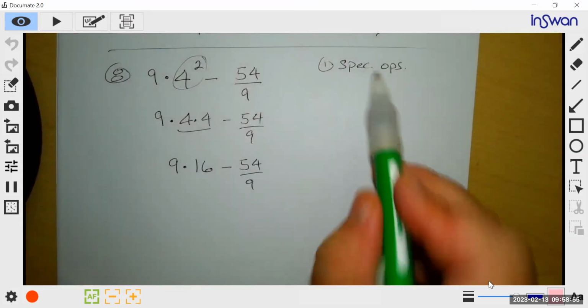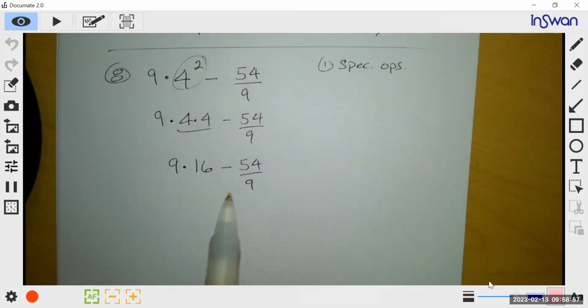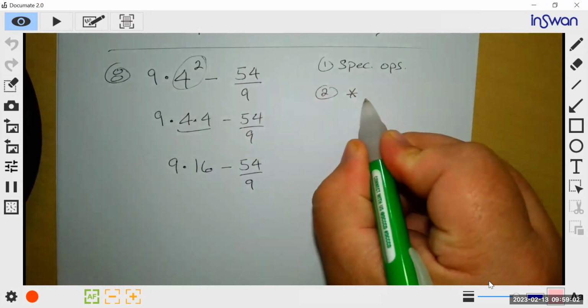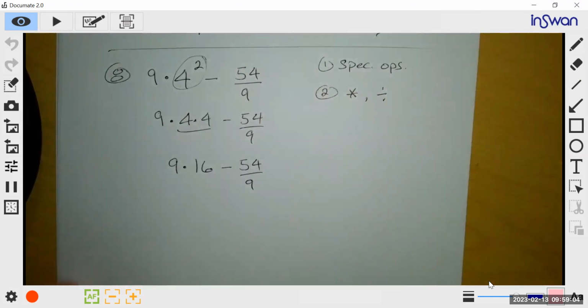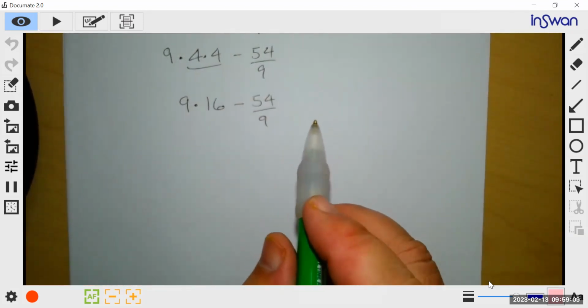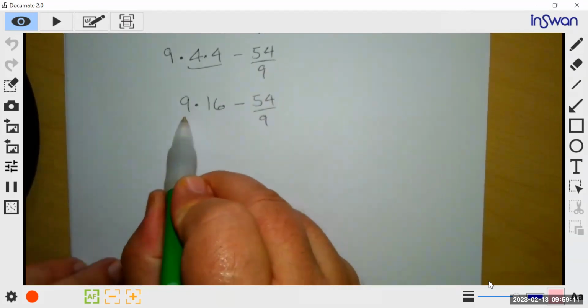Are there any special operations? No. So next, are there any multiplication or divisions? Yeah, reading left to right, we have a multiplication.